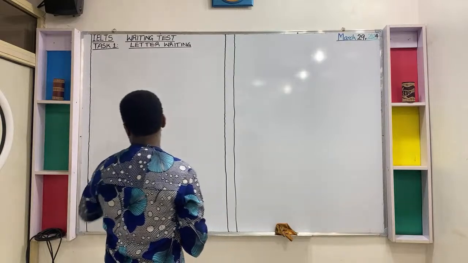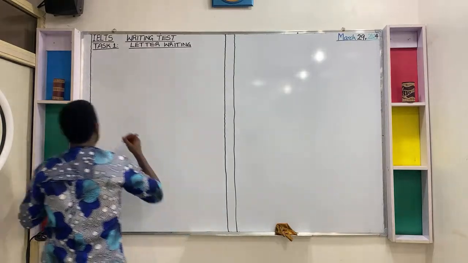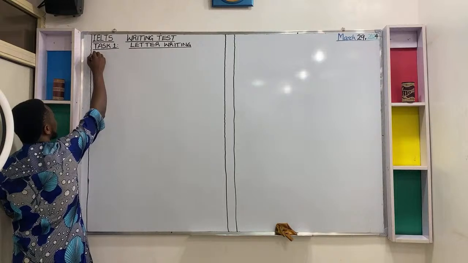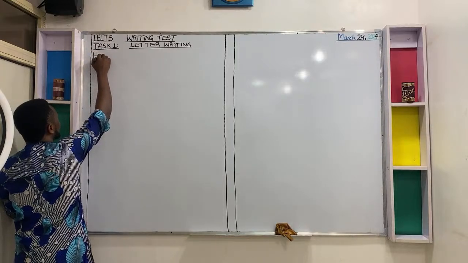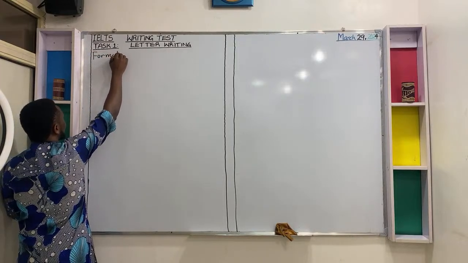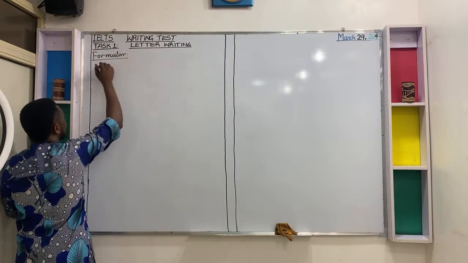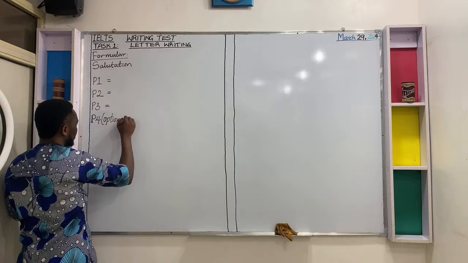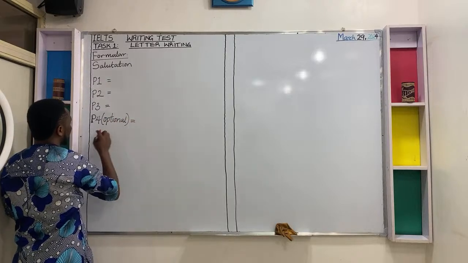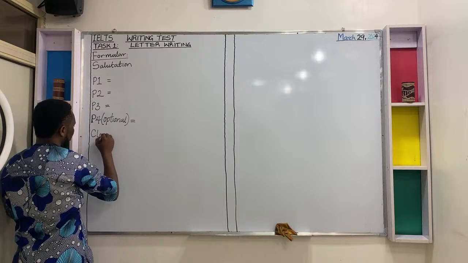Now, let's understand that in letter writing, there is a formula for writing letters. And then lastly, we are looking at closure.